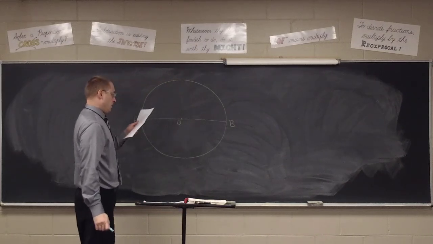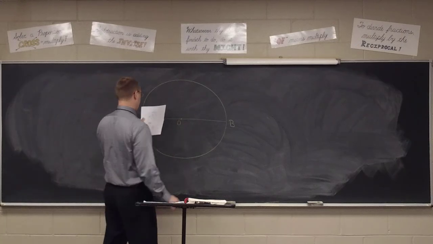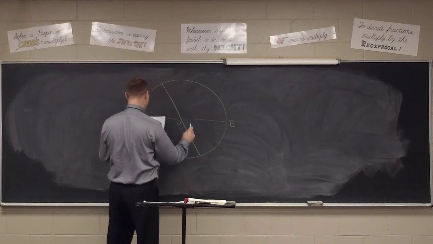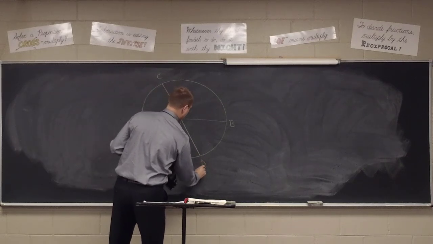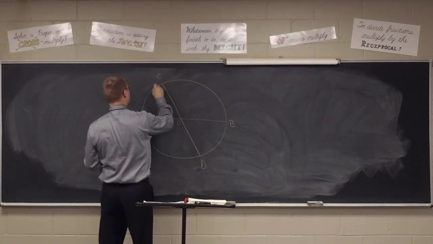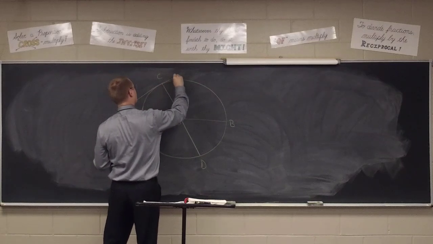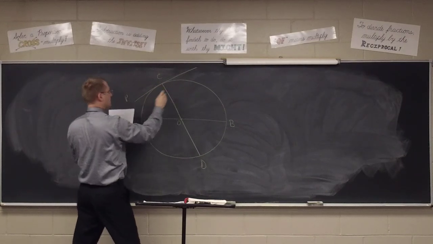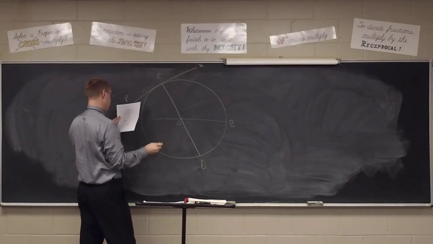We're going to draw another diameter through the center point. We're going to call this CD. We're going to draw a tangent line at C, and we'll call it PCX.